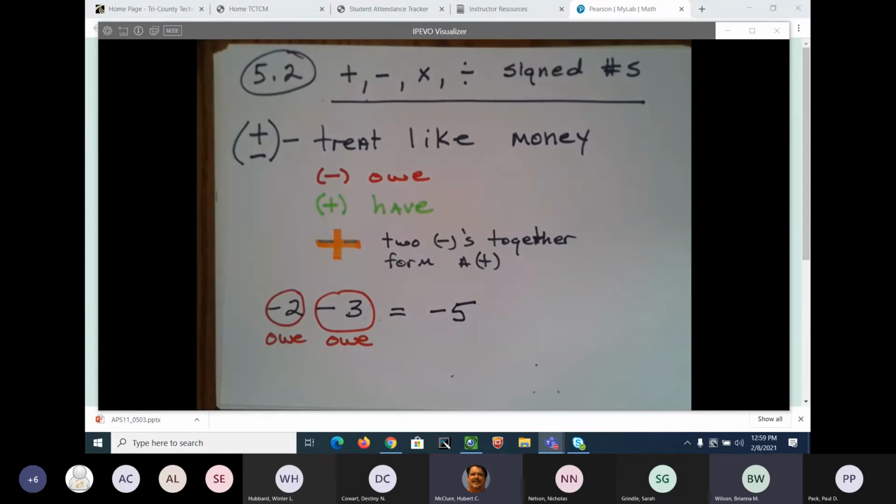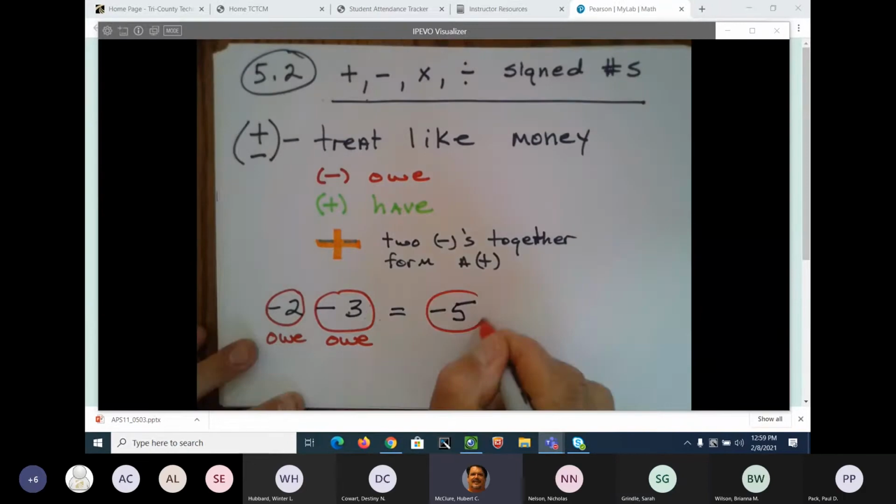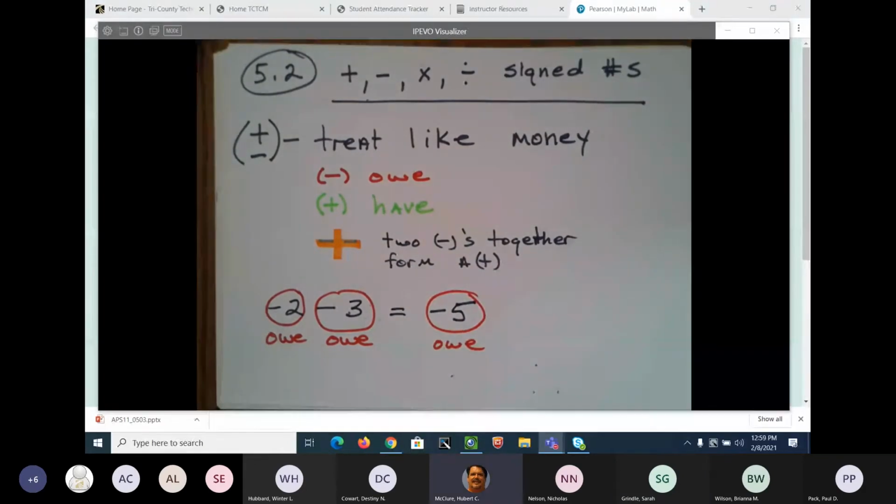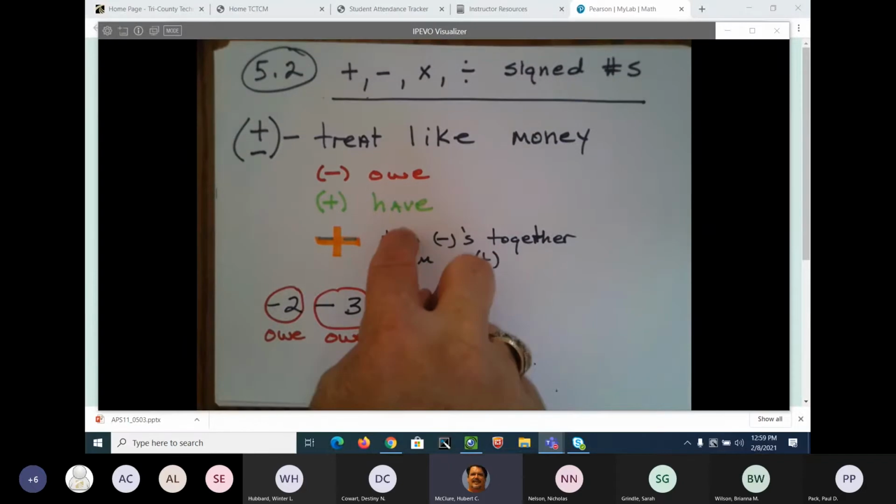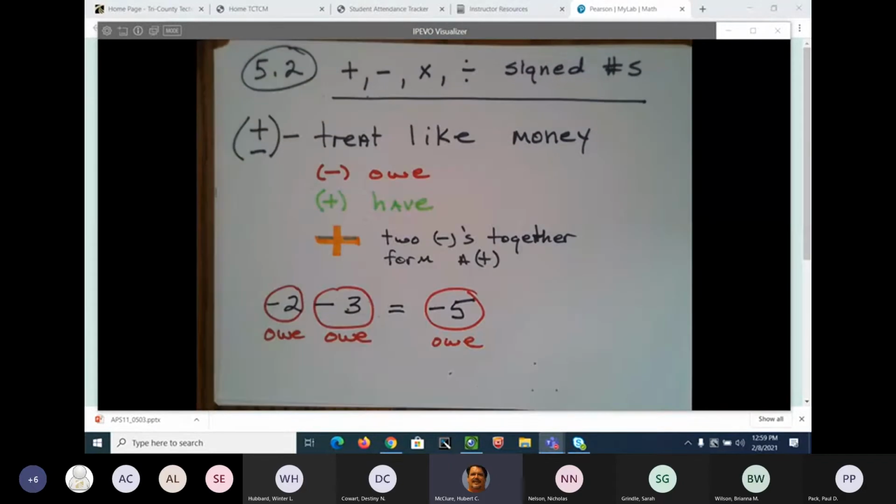Unless you don't know what in the world's going on, you don't owe two people money and come out not owing. That's how you do it. Simple as that. You apply these 3 rules right here and you think of money, you won't go wrong.